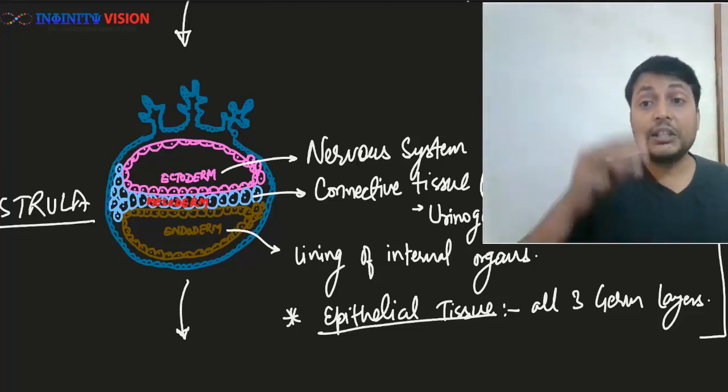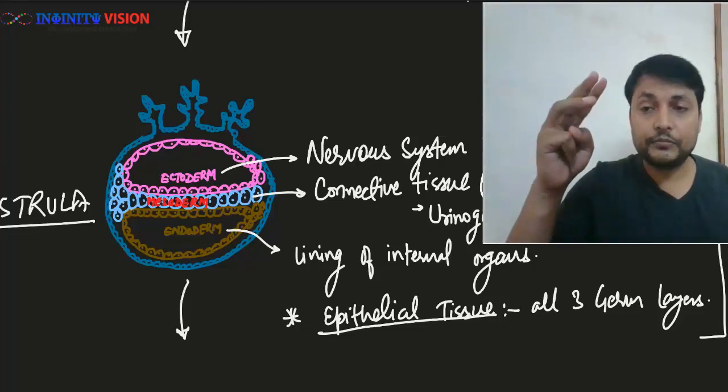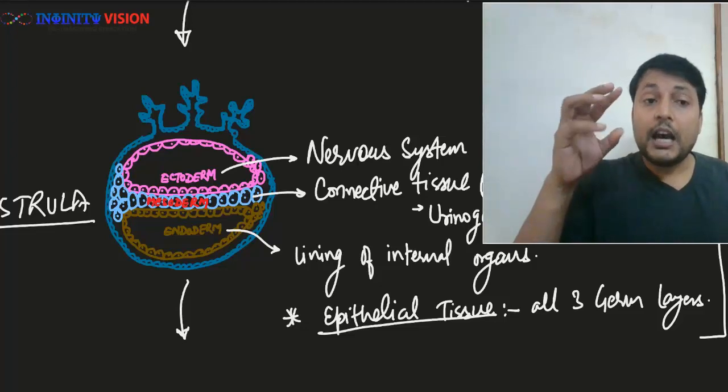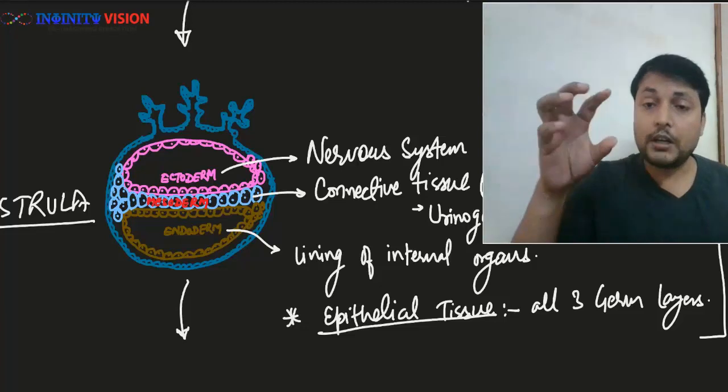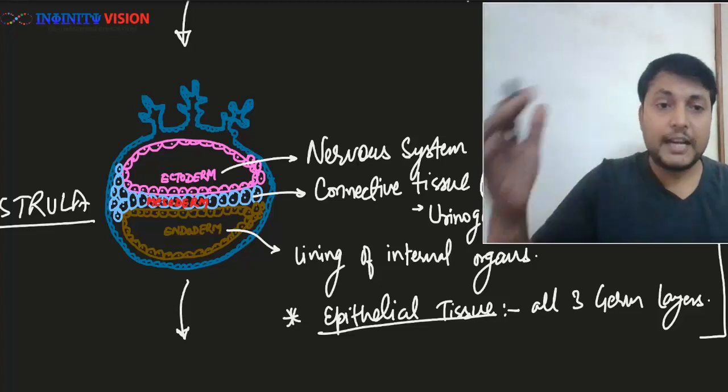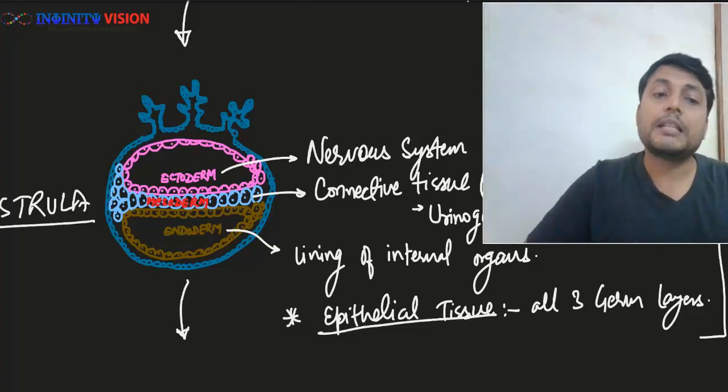Now these three germ layers are responsible for the formation of the fetus. The whole fetus, or the child, is formed from the cells of these three layers only, ecto, meso, and endoderm.